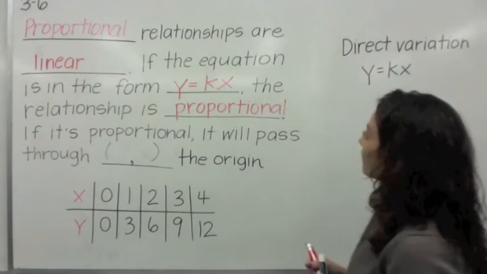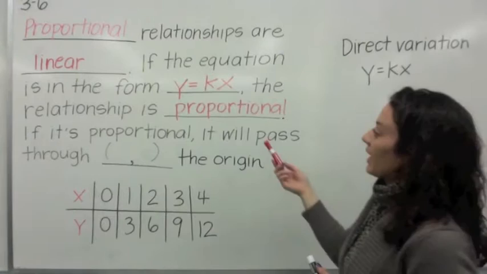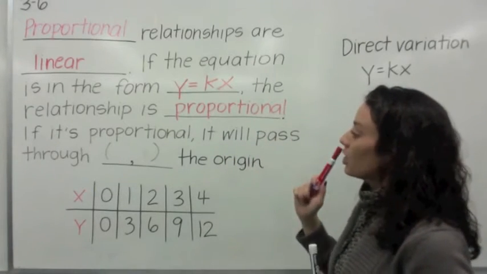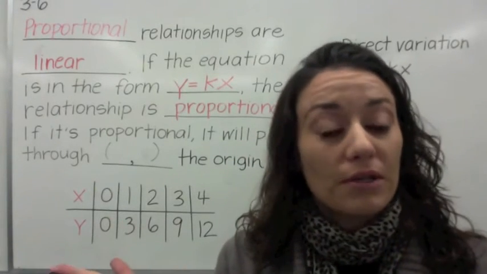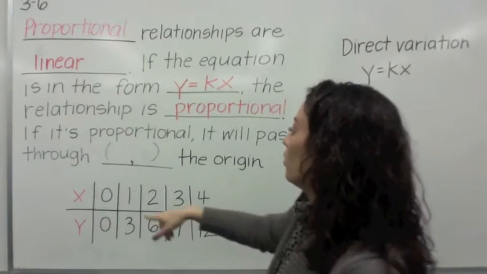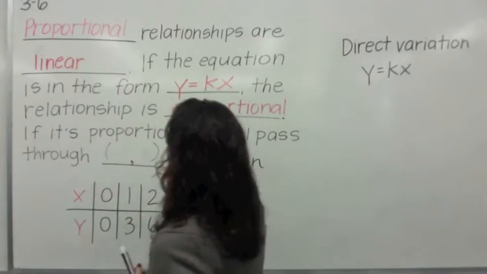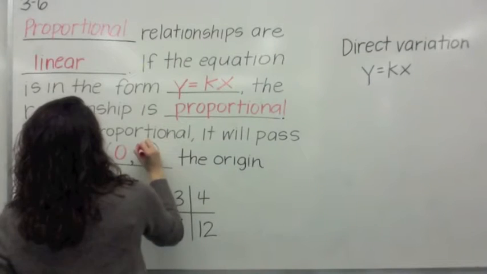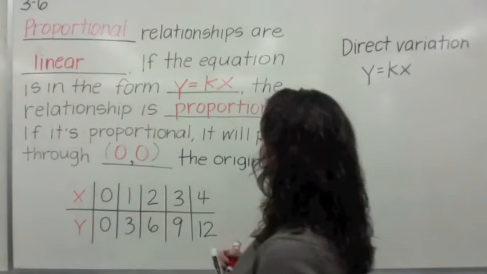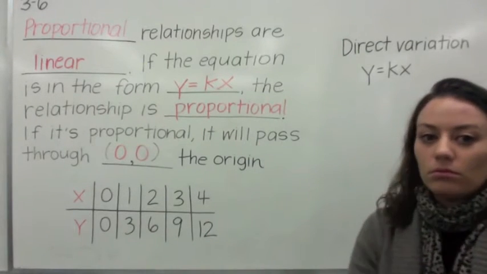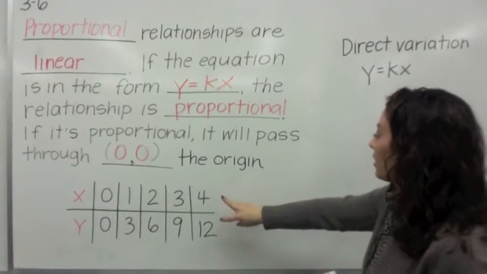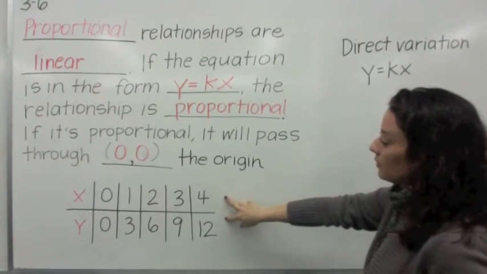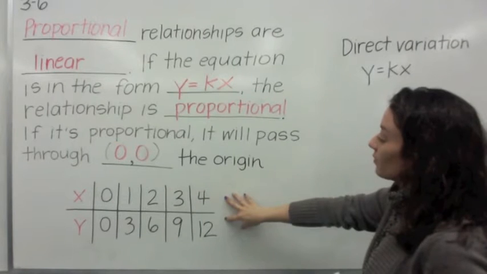And if it's proportional, it will pass through the origin. Where is the origin? It's at 0, 0.